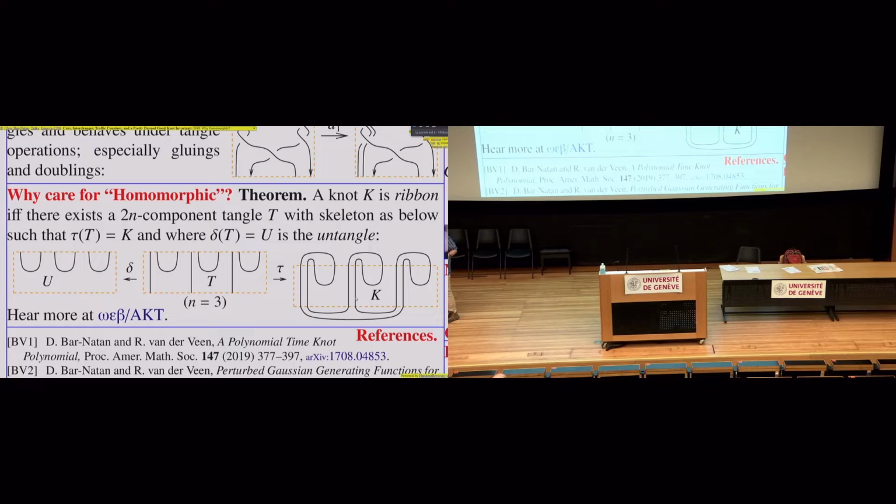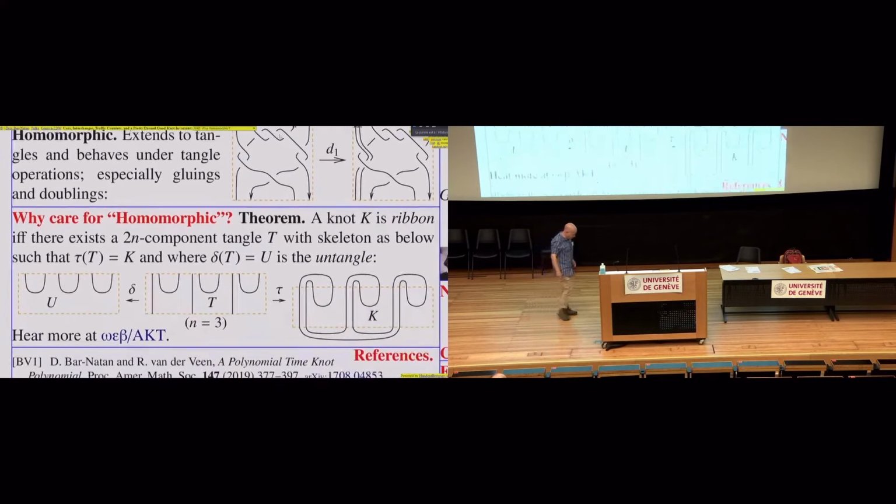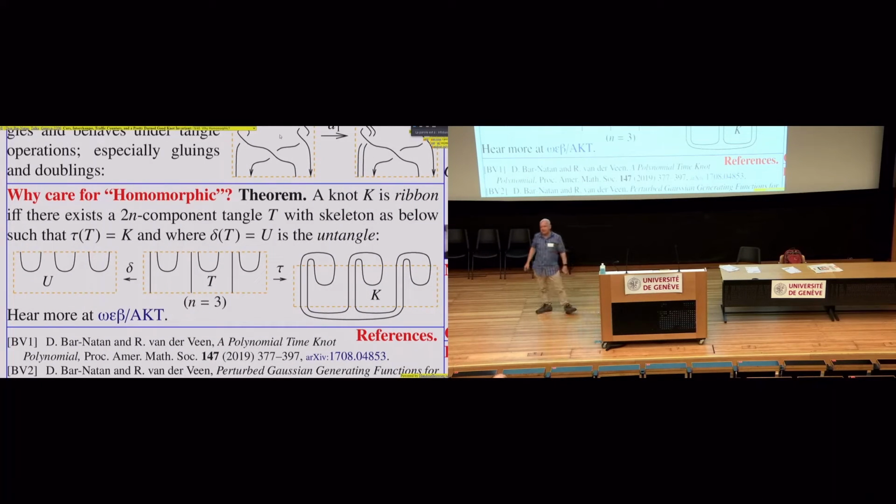Why should you care? Because I've just given you an algebraic definition of ribbon knots within the class of all knots, given some operations, tau and delta, and these operations are compositions of the operations that my invariant is supposed to be respecting, the operations with respect to which I demanded homomorphicity.